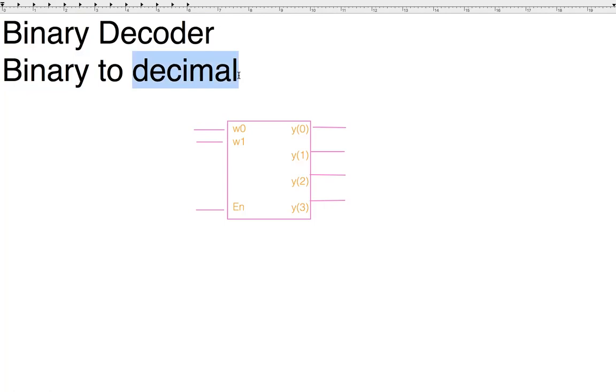And so what our truth table is going to look like, if you guys recall, it's going to have our enable, W1 and W0 here. And then over here on this side, we're going to have Y of 0, Y1, Y of 2.